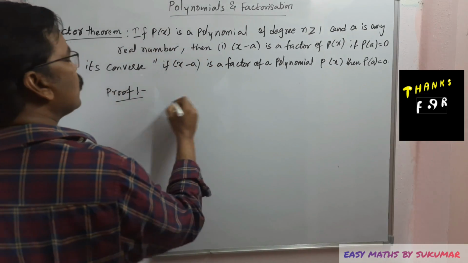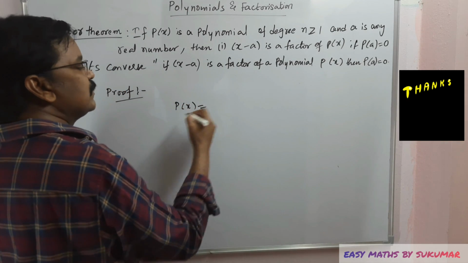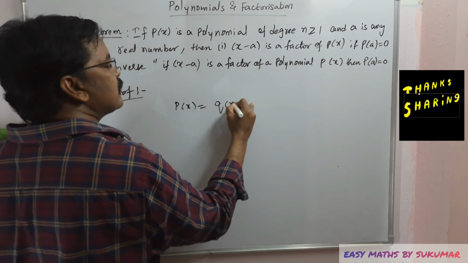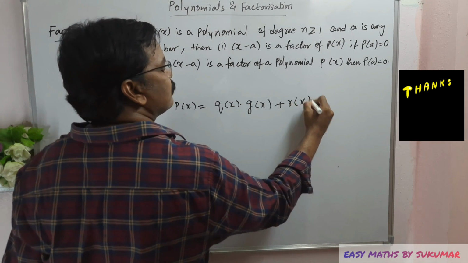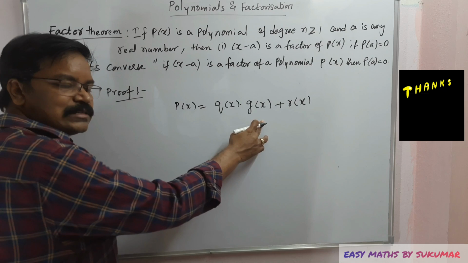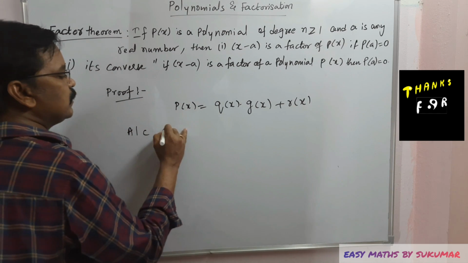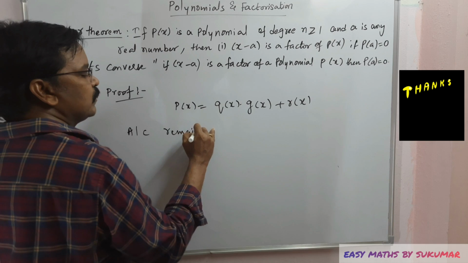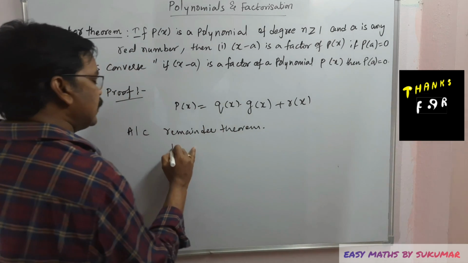See, what is the division algorithm actually? P of x, that means dividend, is equal to q of x into g of x plus r of x, where this is the remainder, this is the divisor, this is the quotient, and this is the dividend. So according to the remainder theorem, how do you write this?